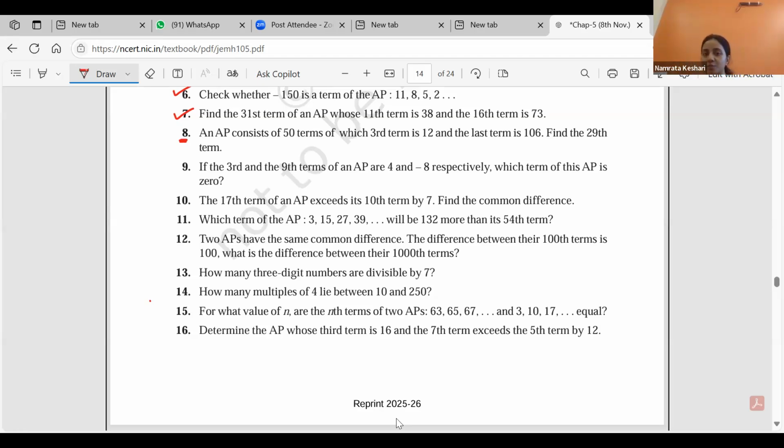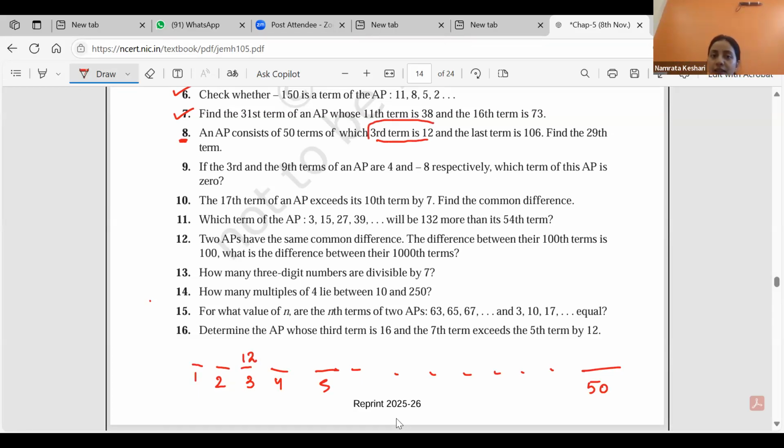Total 50 terms we are having, of which the third term is 12. Here it is given that the third term of our AP is 12.